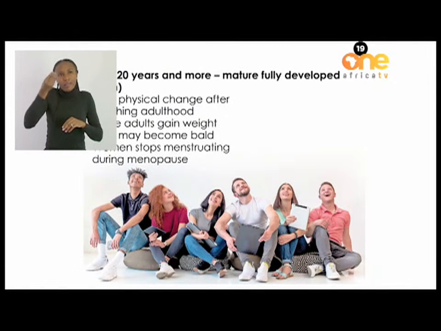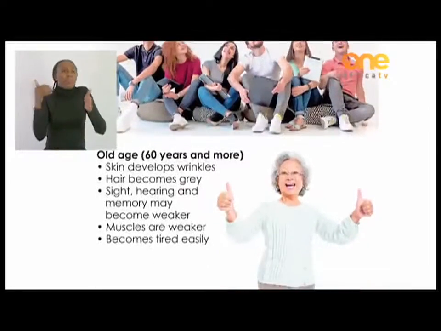The only thing that normally changes with them is the body size. Either become bigger, a little bit small, okay? Men may become bald, and at some stage also, women stop menstruating during menopause. Some of these things you're also going to learn deeper about them as time goes.